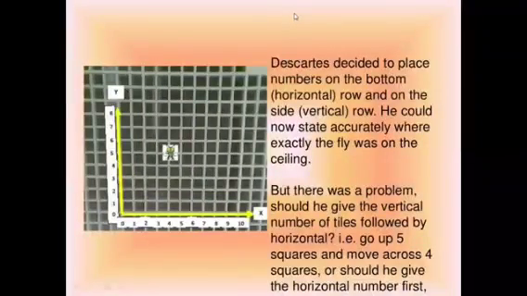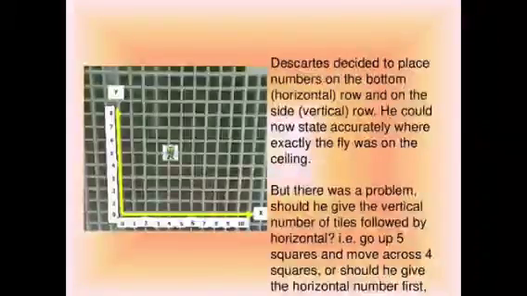Now, Descartes decided to place the numbers on the bottom, that is a horizontal row, and on the side, which is a vertical row. He could now state accurately where exactly the fly was on the ceiling. But then there was a problem. Should he give the vertical numbers followed by horizontal?